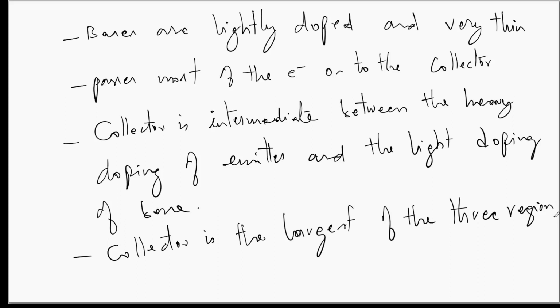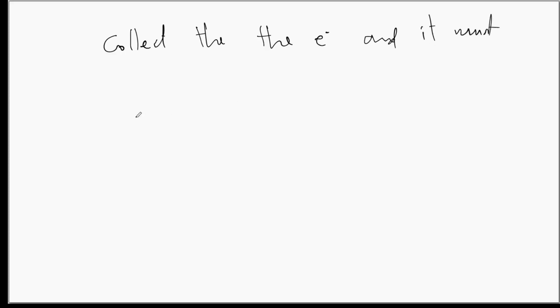Of these three regions, the collector is the largest one. And which one is the smallest one? It is the base. A collector is named collector because it will collect the electrons and it must dissipate heat. The collector collects the electrons and it dissipates the heat that is generated in a transistor.